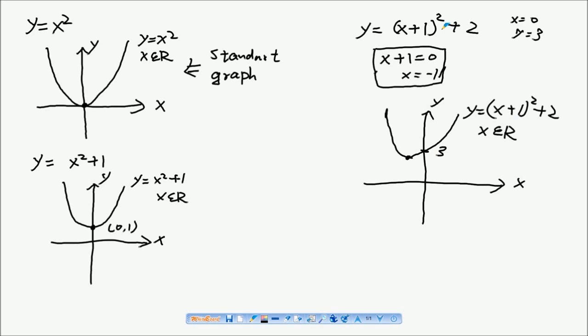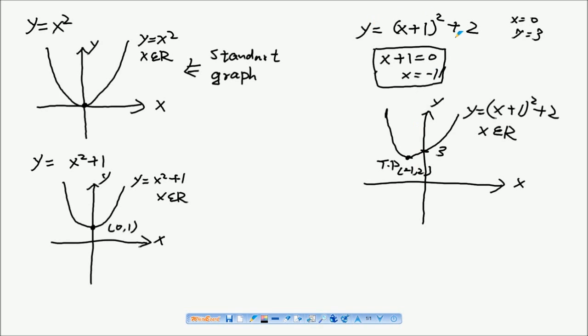Okay, the key point is if you want to determine the vertical translation, just look at the number at the end. It's plus 1, moved 1 unit up. If it's plus 2, like here, it moved 2 units up. The turning point is (-1, 2).